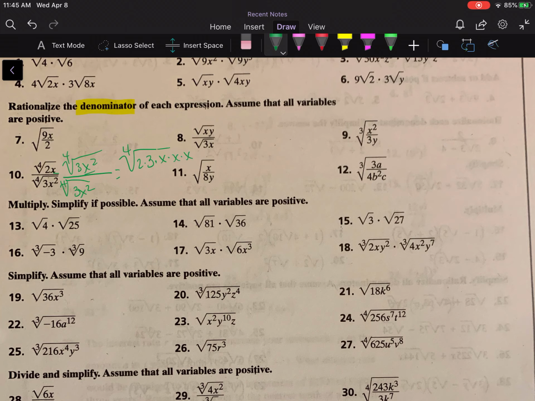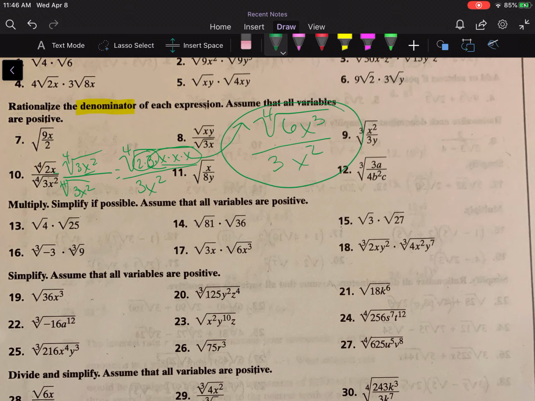At the bottom, we're going to have 3x squared. So here's your answer right here. We're going to leave that root to the 4. 2 times 3 is 6. And x times x times x is x to the 3rd, all over 3x squared. And that is your answer for number 10.